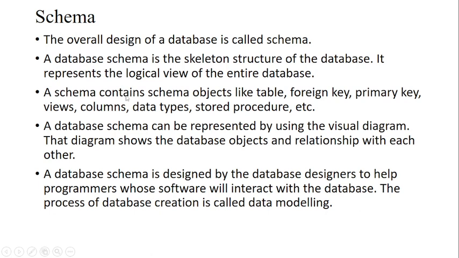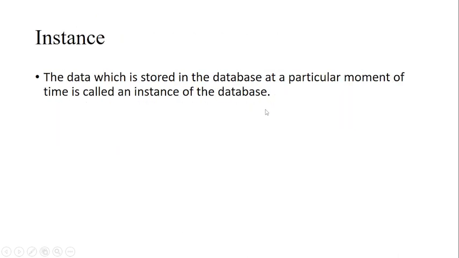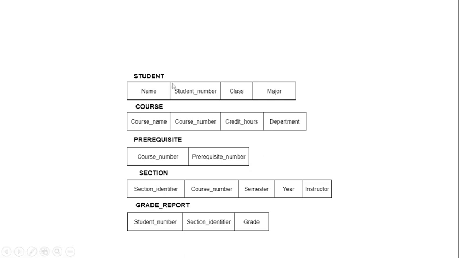Next, a schema contains schema objects like tables, foreign keys, primary keys, views, columns, data types, stored procedures, etc. The schema contains the names of the tables, like student, course, prerequisite, section, and grade report. And these contain the attributes.